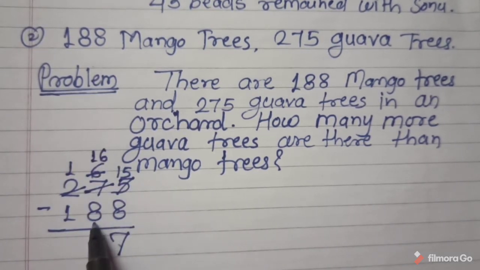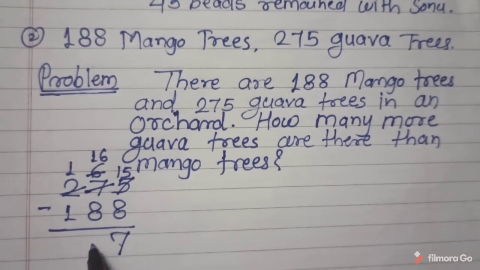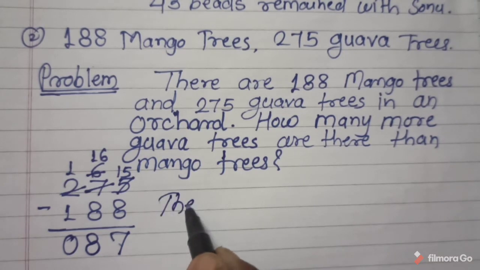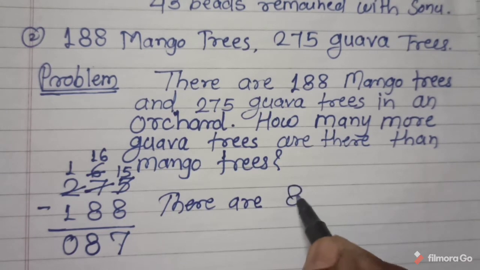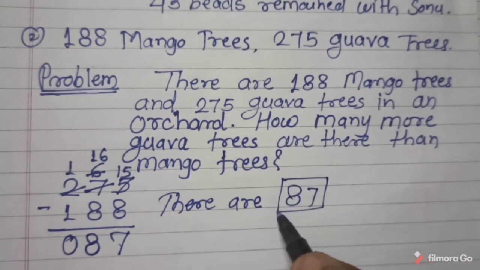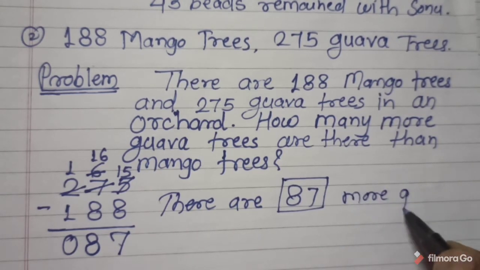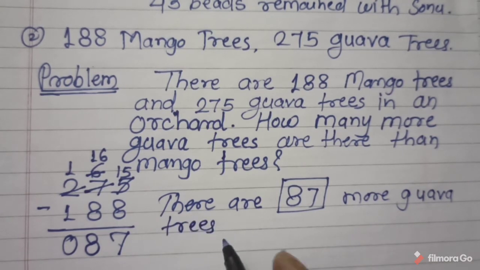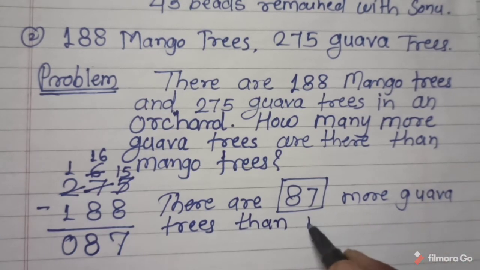Now 8 tens subtracted from 16 tens gives 8, and 1 minus 1 is 0. So there are 87 more guava trees than mango trees.